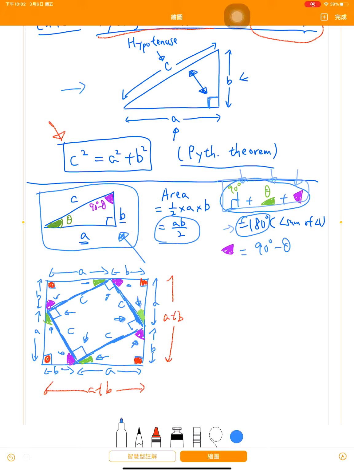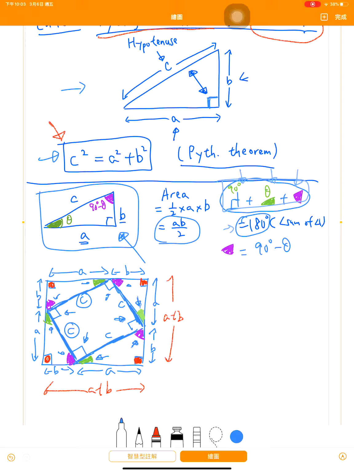So you can see the inside figure is also a square with the length c, right? Okay, we can construct such a figure. So now I'm going to prove the Pythagoras theorem by considering the area of the figure.